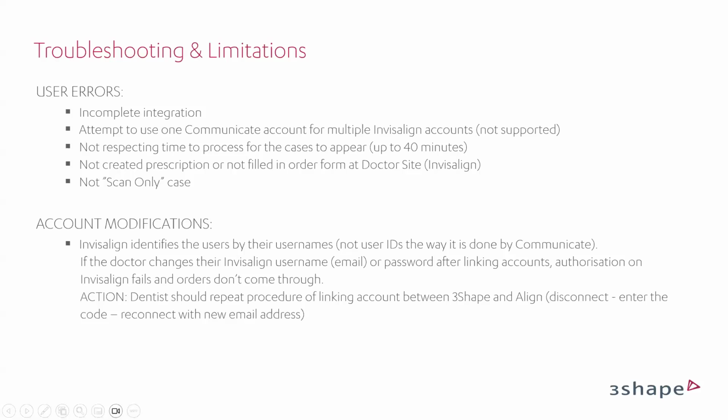The action to take is that the dentist should repeat the procedure of linking the account between TreeShape and Invisalign, disconnect and then reconnect with the new email address. The integration should then be enabled, and our user will be able to send cases to the Invisalign Lab again.